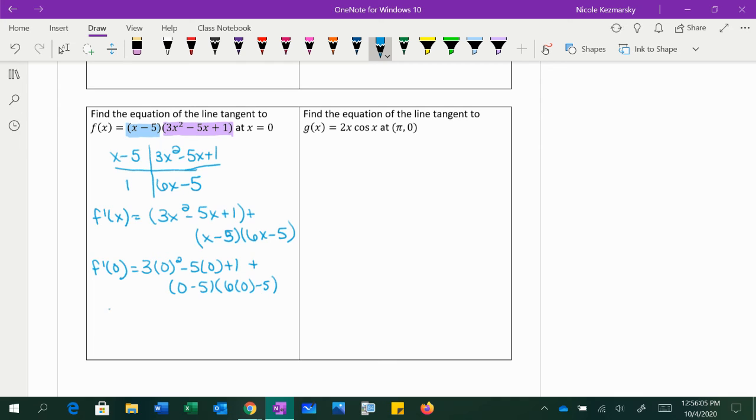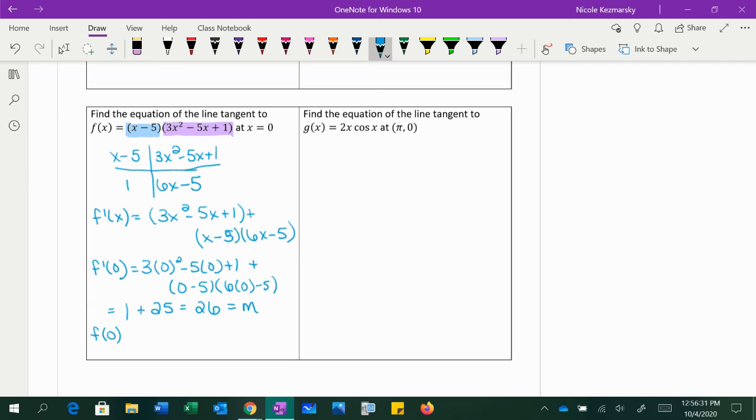So let's see what we have. We have 1 from the first piece, and then we have negative 5 times negative 5, which is positive 25, which equals 26. This is going to be our slope. We need 3 things to make a line. We need an x, we need a slope, and we also need a y. So I'm going to find the y value. I'm going to plug into the original function.